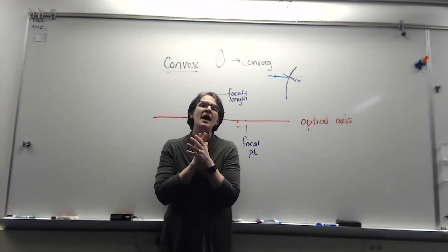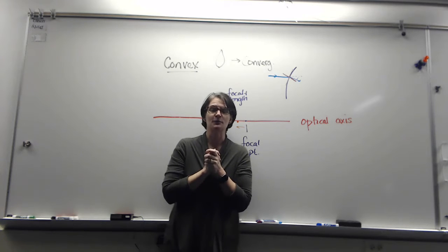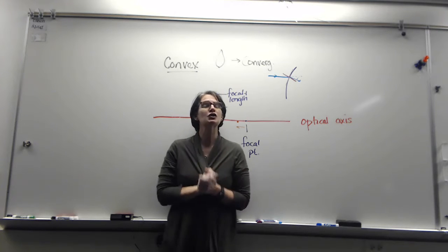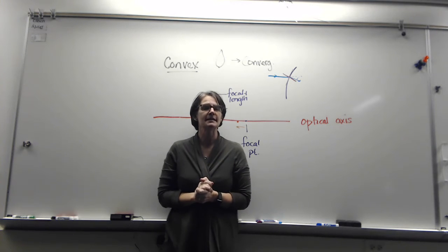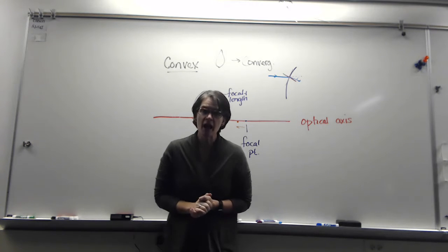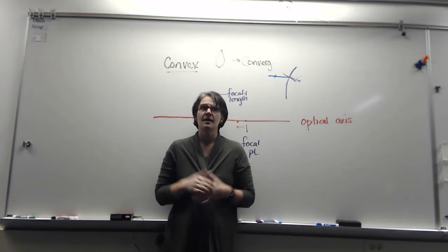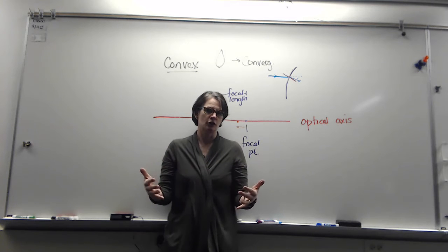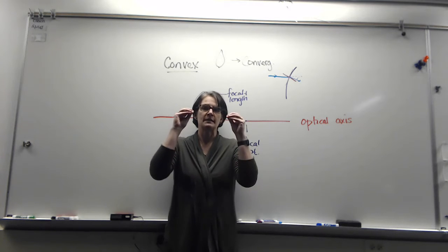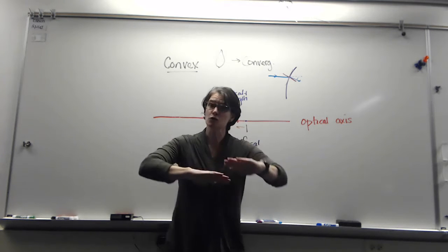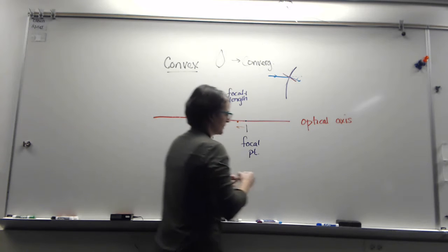So when we talked about refraction, we said that the closer the two indices of refraction were, so the closer the optical densities, the less refraction occurred. So it was the two mediums, that boundary, remember, that we talked about.